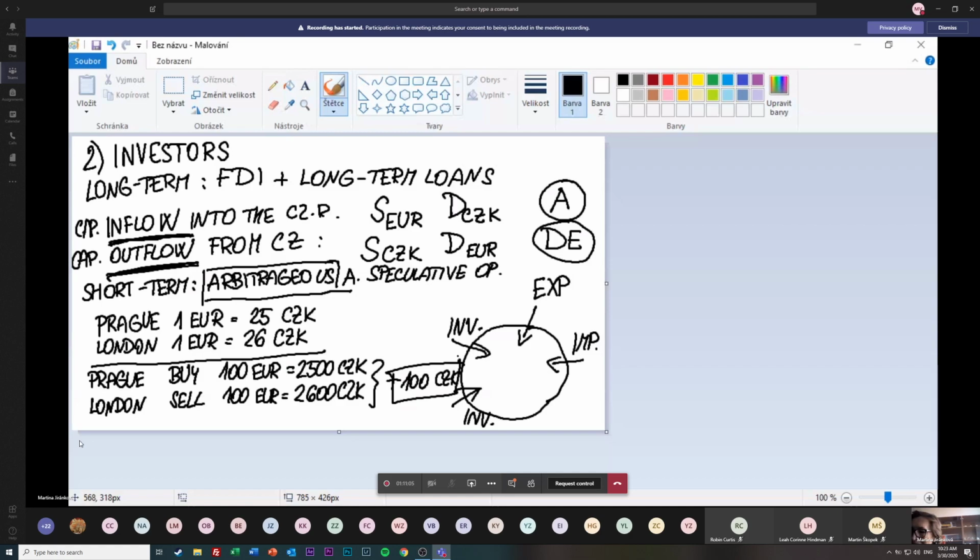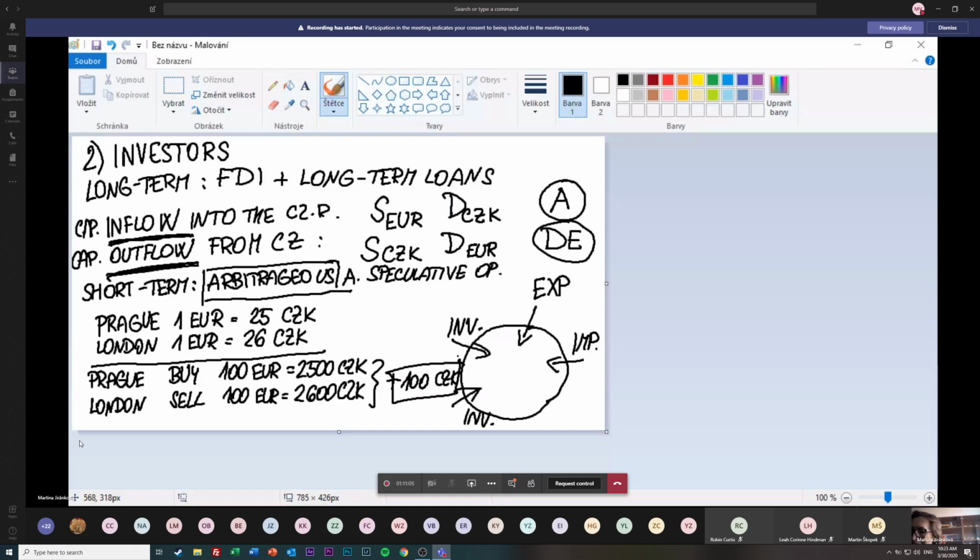They all are buying euros. They all are demanding euros, right? They are all demanding euros in Prague and selling Czech crowns. That means they are supplying Czech crowns.